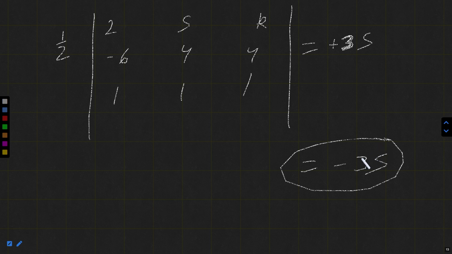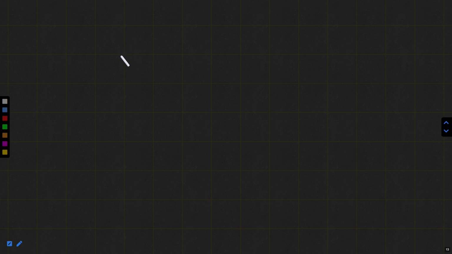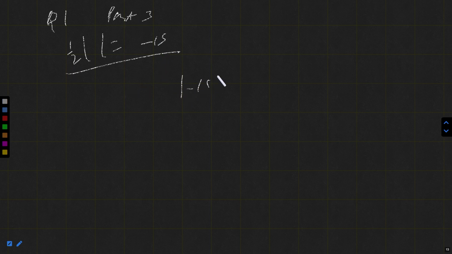In previous examples, if you remember, in the first question of 4.2, part 3, you got minus 15, but area must be positive, so you got the absolute value.